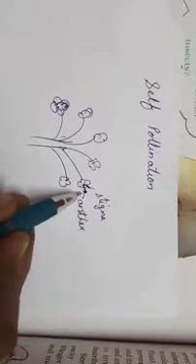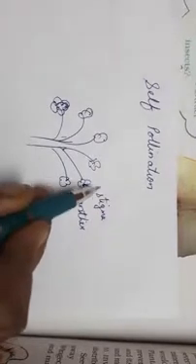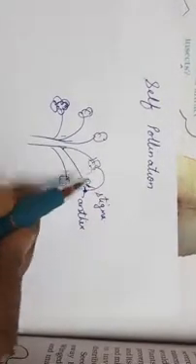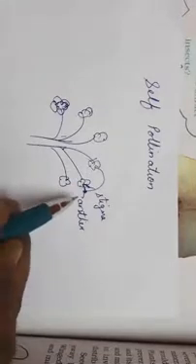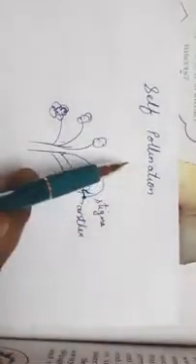As I told you in the previous video, these pollen grains may fly because of air, wind, or insects. The pollen grains found inside the anther may fly from this flower and reach here. Since this is happening within the same plant, this is called self-pollination.